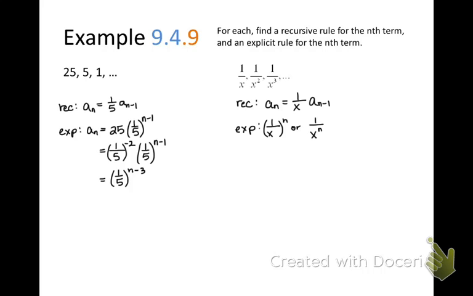Wouldn't either of those work? You can do that whole write the first term times the ratio to the n minus 1 and then condense it. But here it's easy enough to see that, oh, well, my first term is the common ratio, so I can just go with it. Any questions on that? No? Okay.